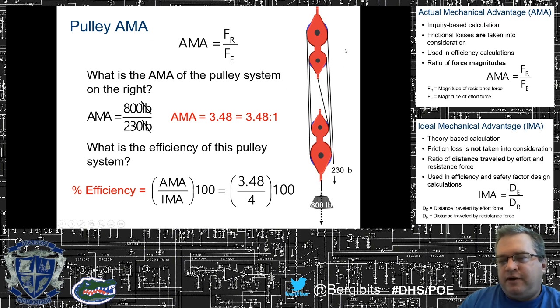This same block and tackle was used about 3 slides ago, but you have to update your mental thought process here. And yes, it says 4 strands. There we go. So 3.48 divided by 4 times 100 is 87%.